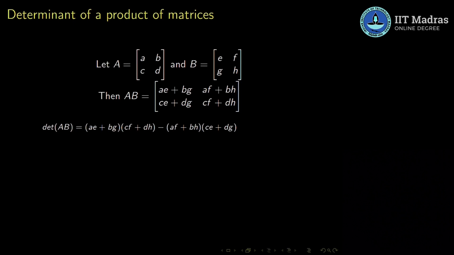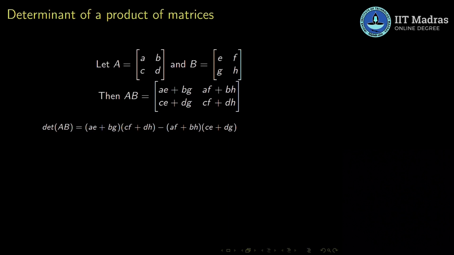Okay, let us compute the determinant of A times B. By definition, you take the product of the diagonal entries, that is (ae plus bg) times (cf plus dh), minus the product of the non-diagonal entries, (af plus bh) times (ce plus dg).